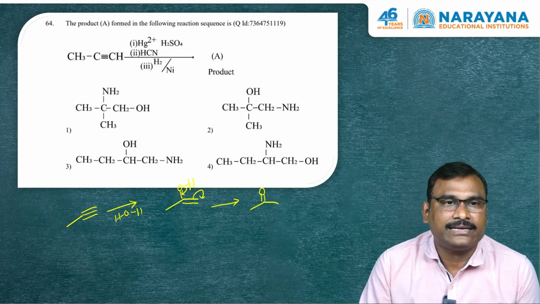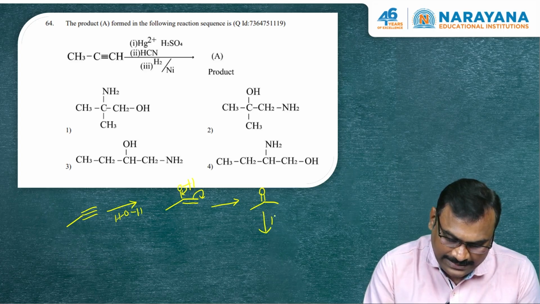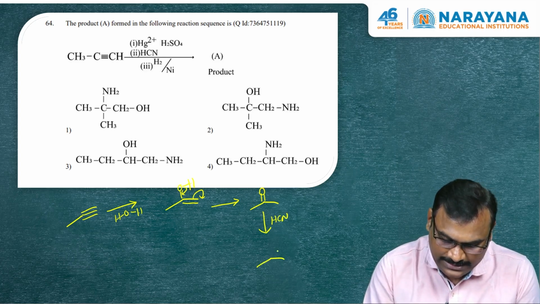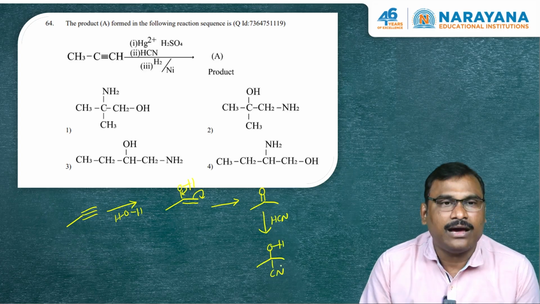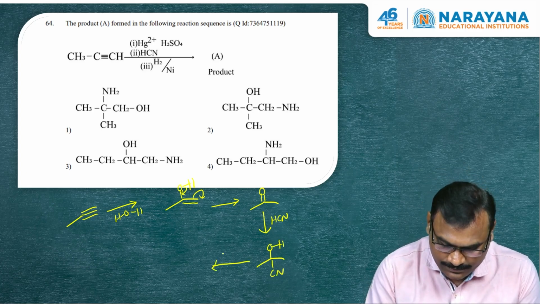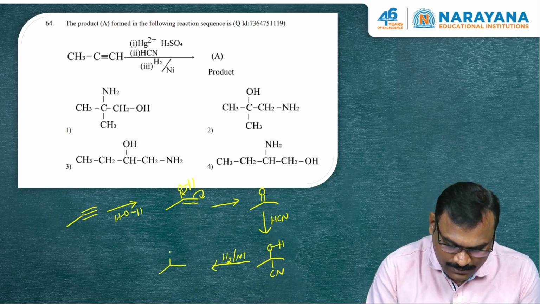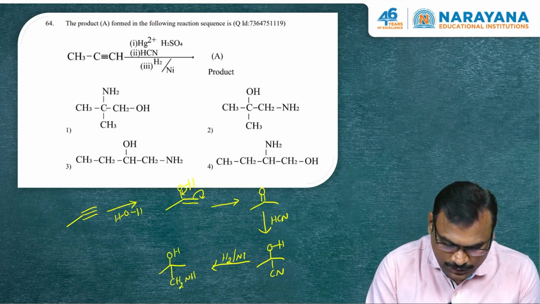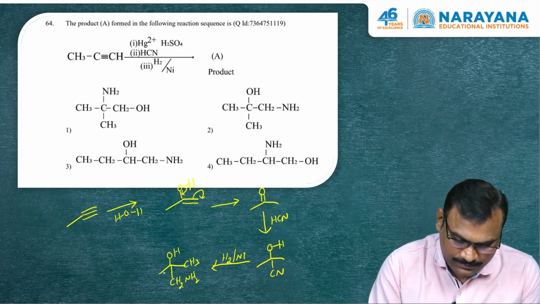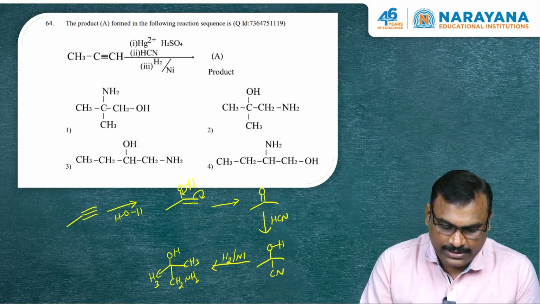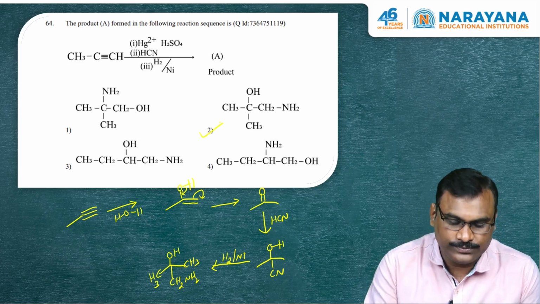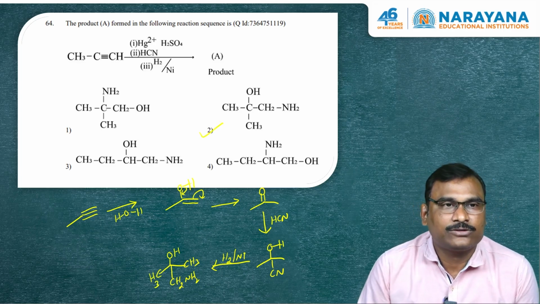After that, addition of HCN produces cyanohydrin, which on reduction, the cyanide becomes CH2NH2. This should be the answer. Okay, the possible answer is 2. Now go for the next question.